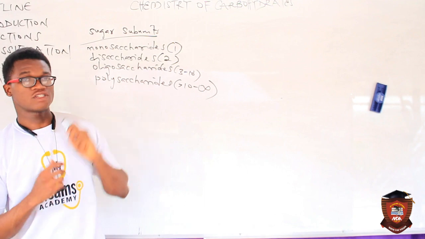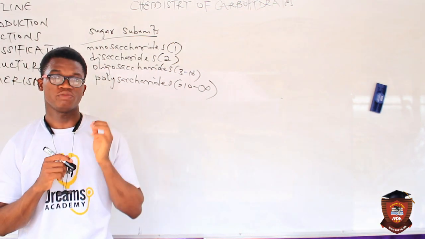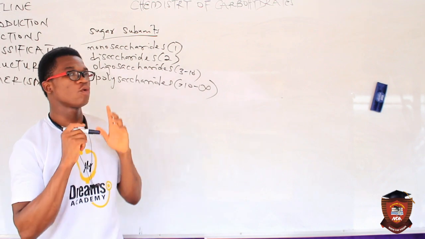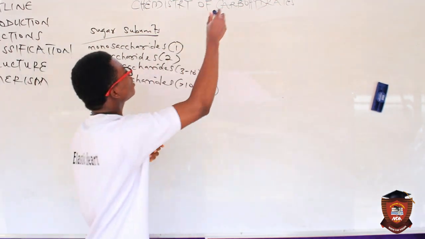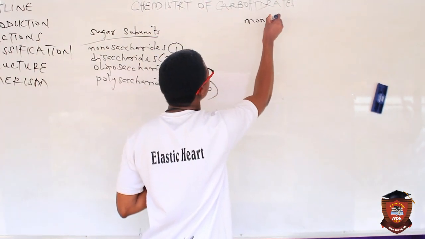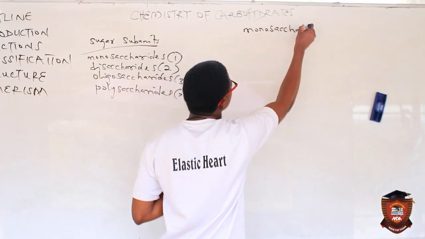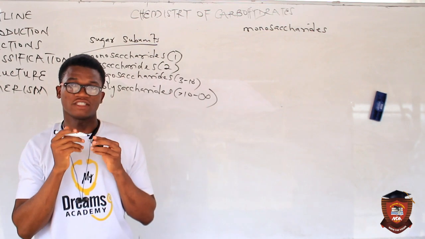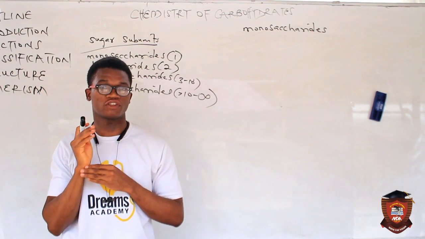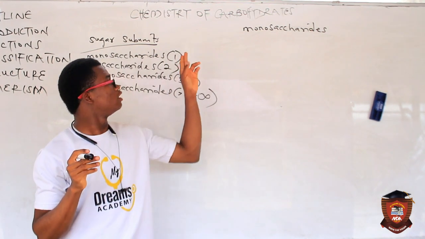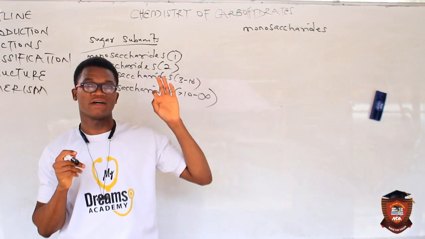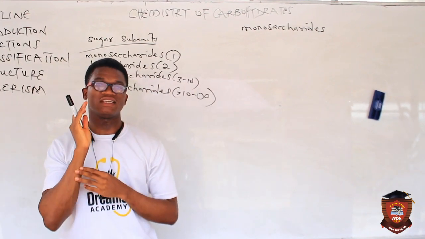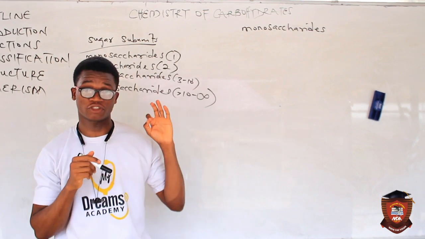So under monosaccharides, which I have explained to be a carbohydrate that has one sugar subunit, we have so many examples. Under monosaccharides, we have a classification that is based on the functional group that is found in the monosaccharide. Remember, as a rule, generally, carbohydrates all have the hydroxy functional group.